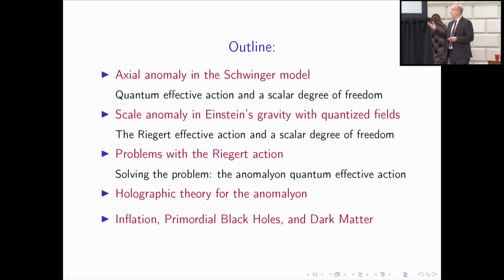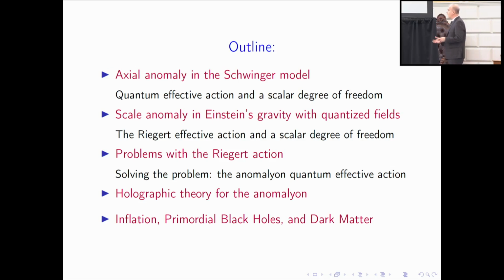So initially, I'll introduce something that was done by what's called Riegert, actually, because it was done by Riegert. At the same time, it was done by Fradkin and Tseytlin, but it carries only Riegert's name historically. And I'll outline what the problems are in that approach and how they can be solved.